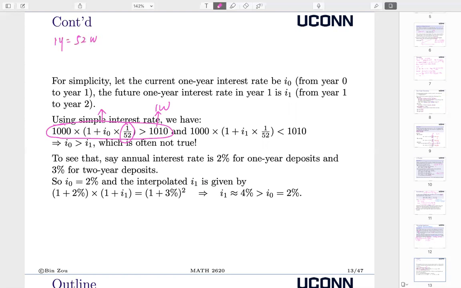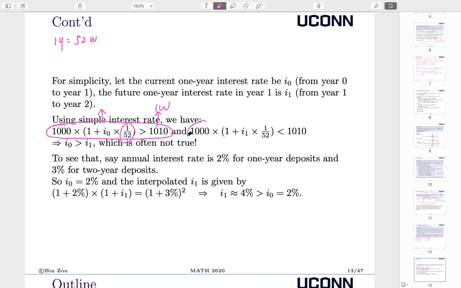That's how I convert 1 week into the unit of years. Since most participants prefer to receive 1,000 now, the left-hand side should be greater than 1,010, because people prefer more rather than less.